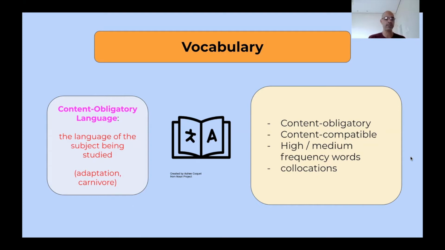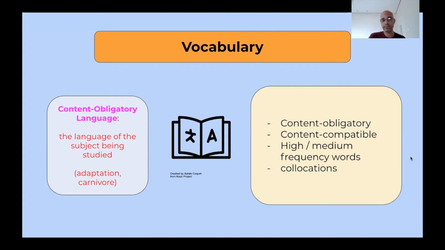If I'm teaching a class on animals, those are words that are specific to learning about animal adaptation. Animal adaptation is a concept, right? And certain types of animals are carnivores and others are herbivores. Those are physical adaptations that I'm teaching my class.